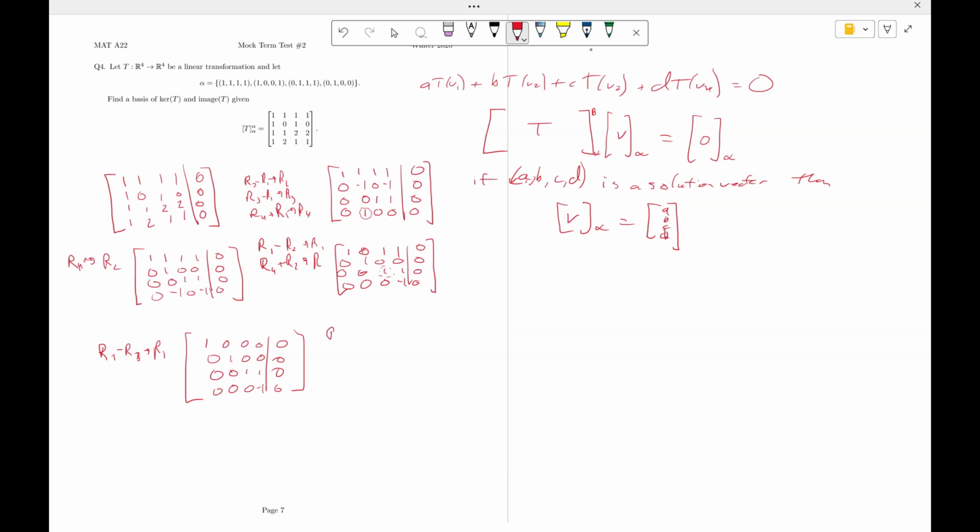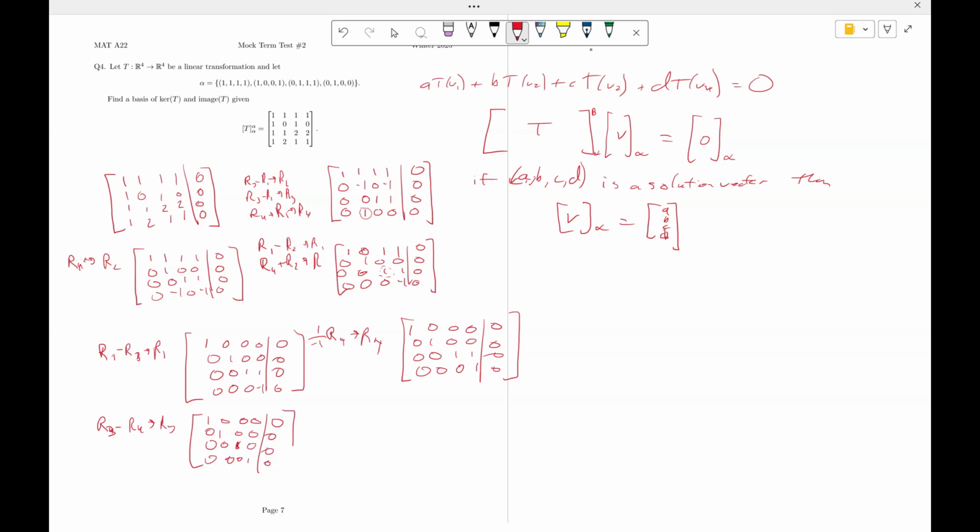And now I'm going to do 1 over minus 1 times R4 replaces R4, giving 1, 0, 0, 0, 0, 0, 1, 0, 0, 0, 0, 0, 1, 1, 0, 0, 0, 0, 1, 0. Now I need to eliminate that column. So R3 minus R4 replaces R3, gives 1, 0, 0, 0, 0, 0, 1, 0, 0, 0, 0, 0, 1, 0, 0, 0, 0, 0, 1, 0.